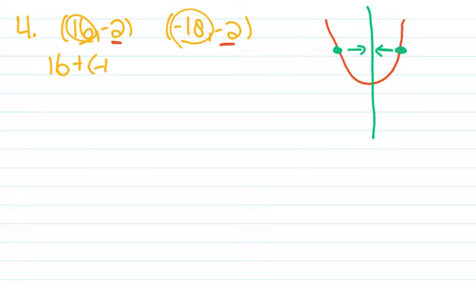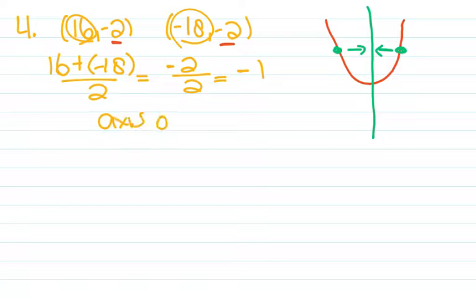So 16 plus negative 18 divided by 2. Is it positive 18? No, it's negative 18. Okay. So 16 minus 18 is negative 2 over 2 is negative 1. So the axis of symmetry is negative 1, because that's halfway between the two.